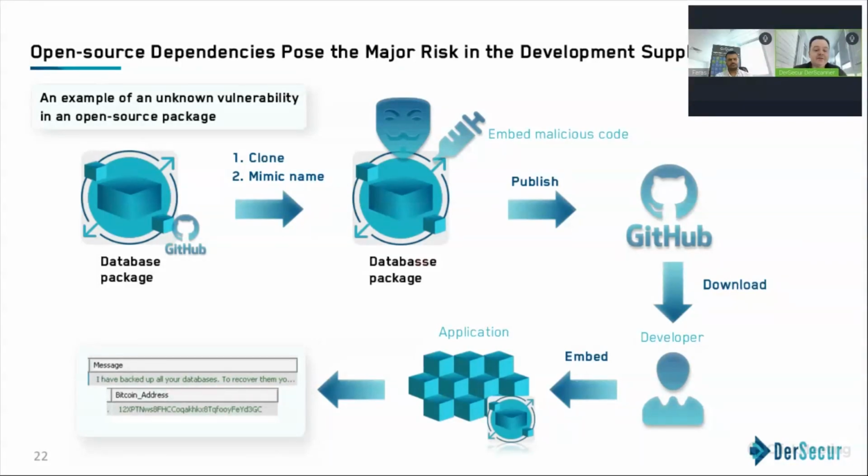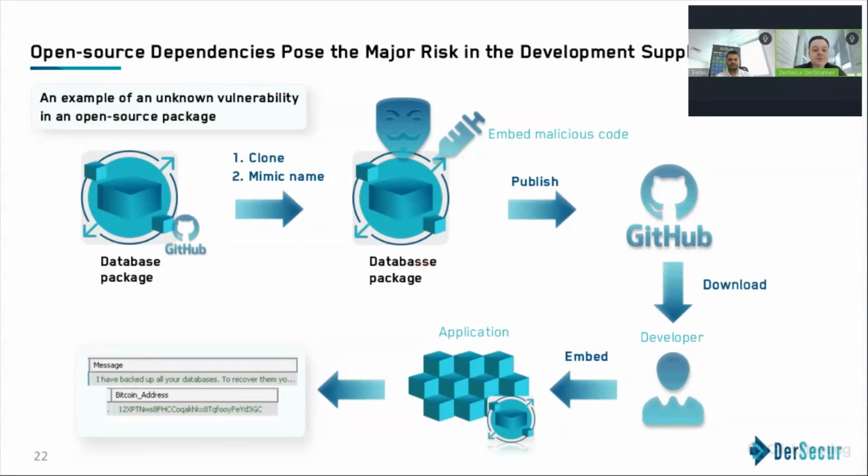But there are different attack vectors where the vulnerability is not yet documented. Let's call it a zero-day vulnerability. I'll give you one example. There can be a database on GitHub.